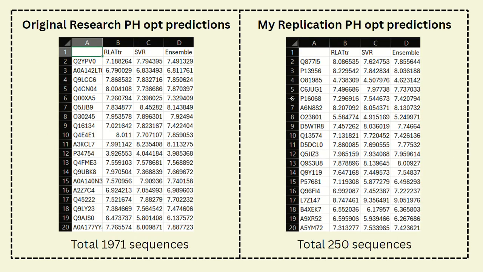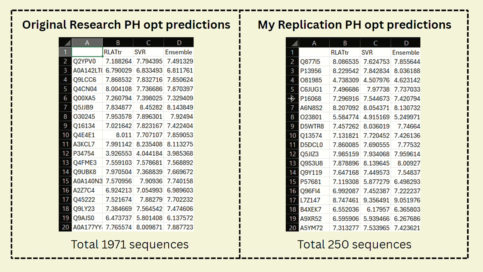Now talking about my replication, as we can see in the comparison given over here, the left side shows the original research predictions for the optimum pH values. As we can see, it was tried on 1971 sequences, while my replication was only on 250 sequences due to some computational constraints.